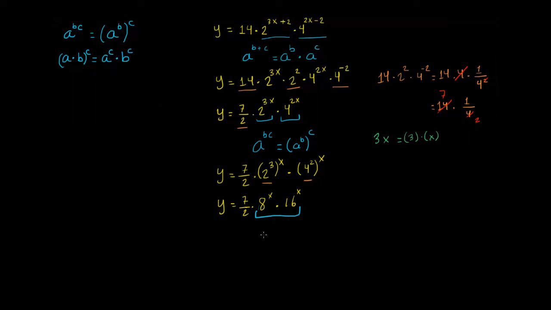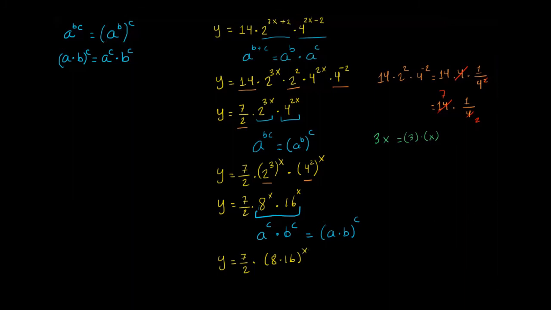In other words, a to the c times b to the c will be equal to a times b, both raised to the c. So I'm going to join up the 8 and the 16 in this step. y equal to 7/2 times 8 times 16, both raised to the x.